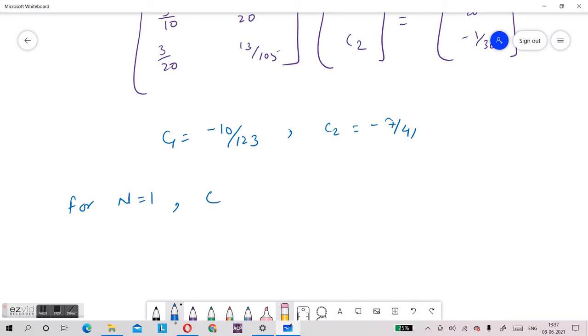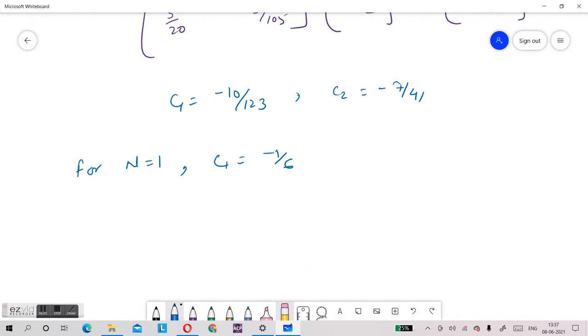Okay, so if we want to write the solution for the above differential equation, the solution will become u equals c phi, as we chose, so it will look like c1 phi 1. Then what was c1? c1 is minus 1 upon 6, and phi 1 is x 1 minus x.